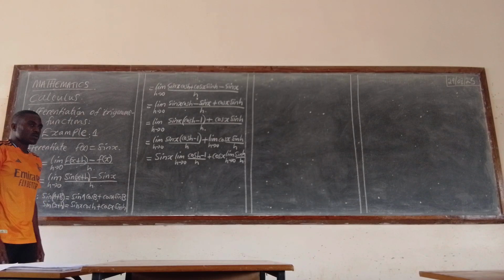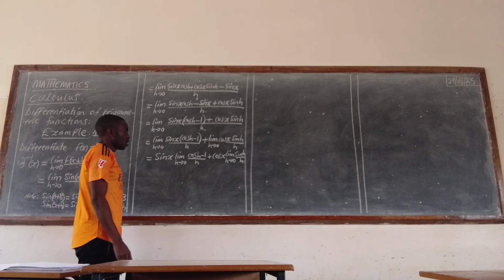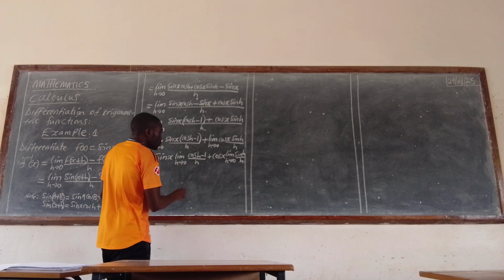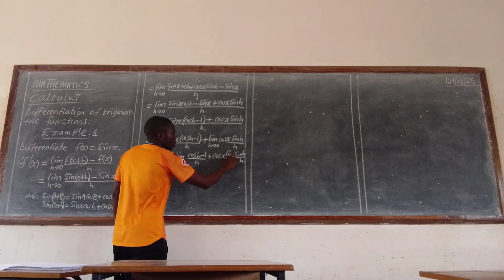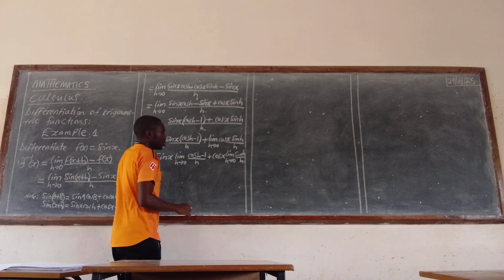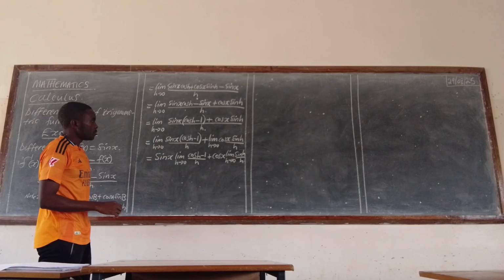At this level, we know the limit of sine h divided by h is simply 1.